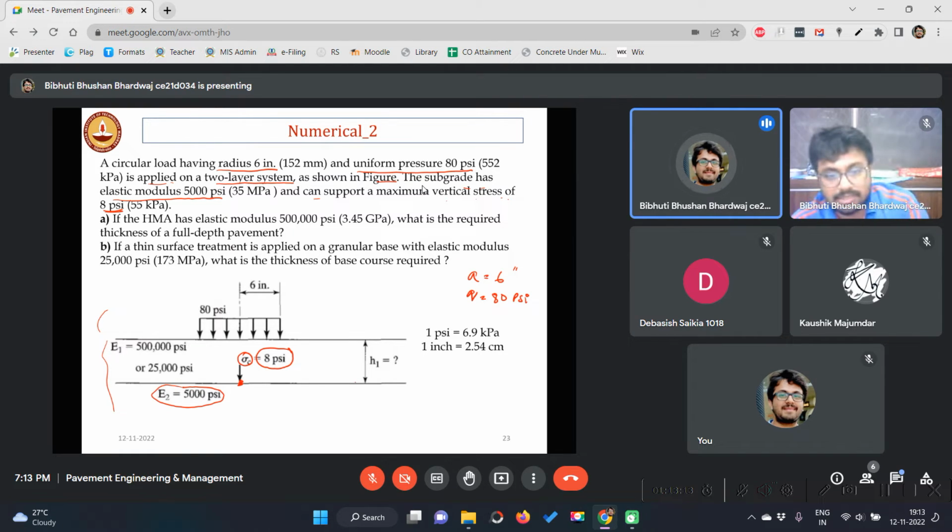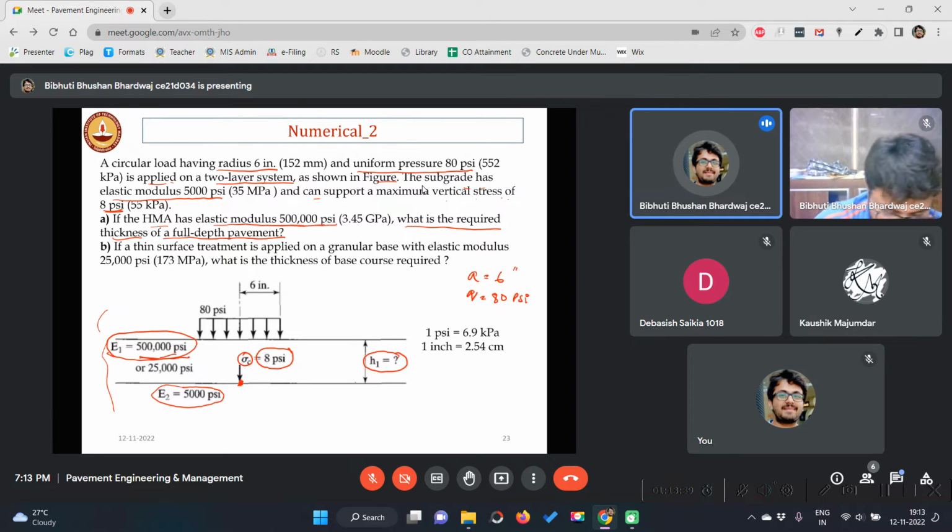That means we can say it is the bearing stress of the soil layer at the surface. If the HMA has an elastic modulus of 500,000 psi, what is the required thickness of a full depth pavement? So H1 is unknown here. It's a tricky question.